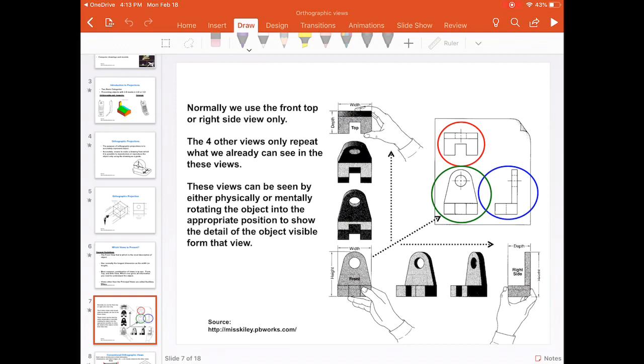The three views that we discuss in this class are the front, the view from the top, and the view from the right side. On paper, the three views are translated like this: down here is the top, and then we have the front, and the right side.